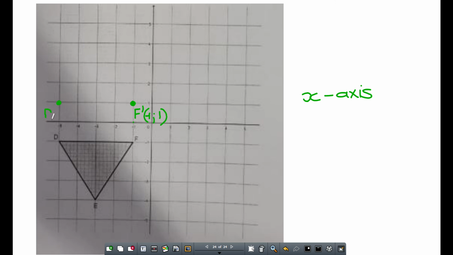This will be the new d. X is minus 1, 2, 3, 4, 5 and y is still 1. And then e was -4, so it will now become +4.